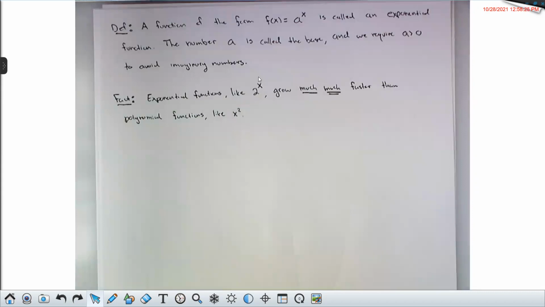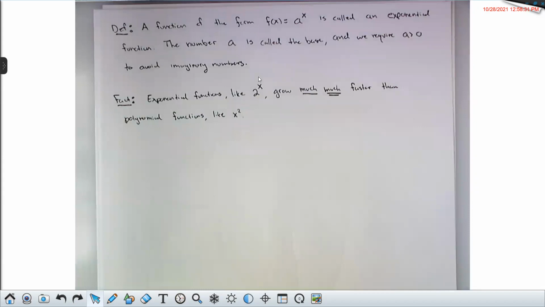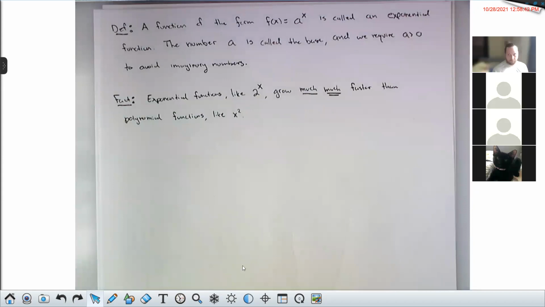We can get quite quantitative about that, besides looking at the graphs and convincing ourselves. And to that end, I'd like to ask you, what object that we've studied in the past, think back to chapter 2, has to do with the speed at which a function is growing?